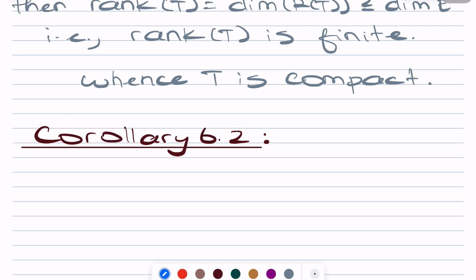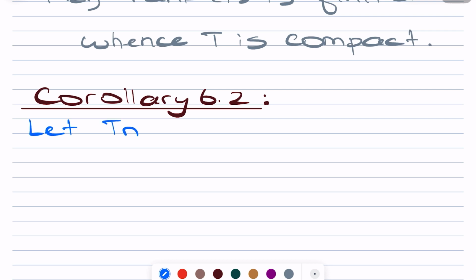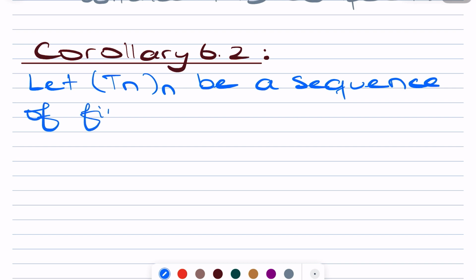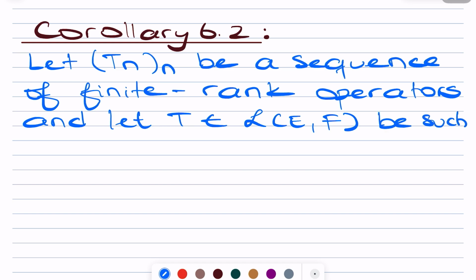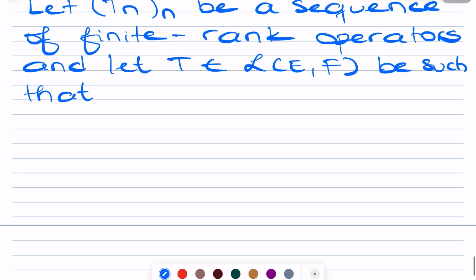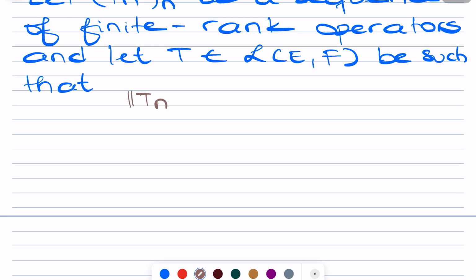Good. Okay, so let Tn be a sequence of finite rank operators, and let T be a bounded linear operator from E to F such that the operator norm of Tn minus T goes to 0 as n goes to infinity.